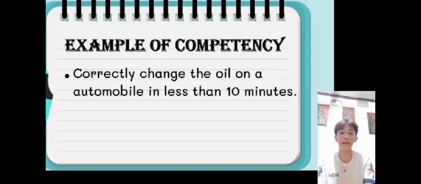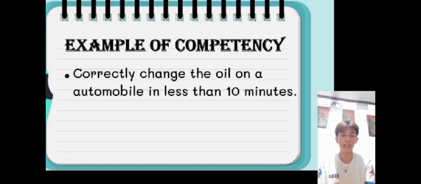There is an example of competency and learning objectives that is connected to each other. For example, the competency: correctly change the oil on an automobile in less than 10 minutes. So this is the competency.